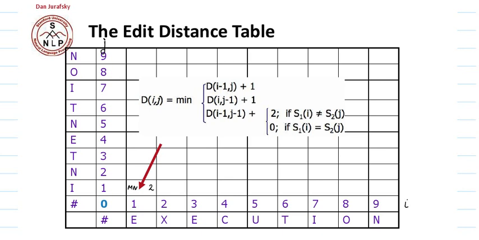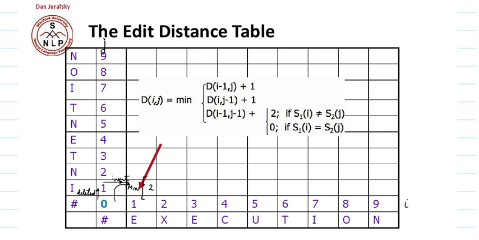So we apply a minimum, right? So when we go by this path, it means that I have already deleted I. Now when I am moving from this, I need to insert one. So from moving here to here, I have deleted. From moving here to here, I need to insert one, right?